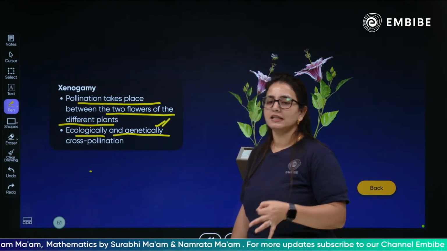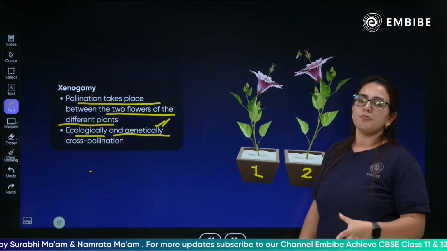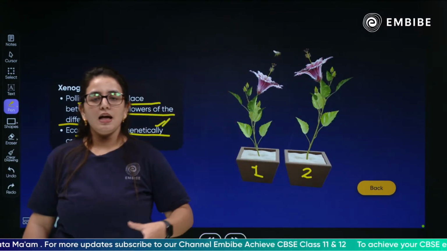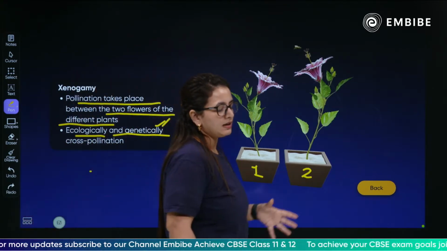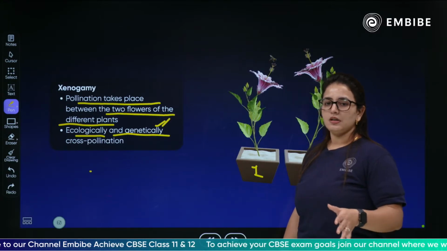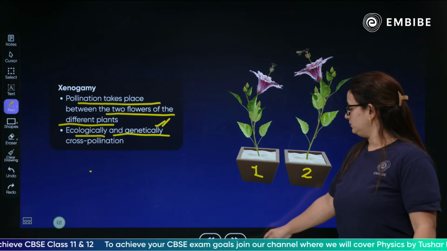Ecologically and genetically they have variations. So these are the types of pollination: autogamy, Geitonogamy and Xenogamy. Clear, children? I hope it is clear what is Xenogamy, Geitonogamy and autogamy.